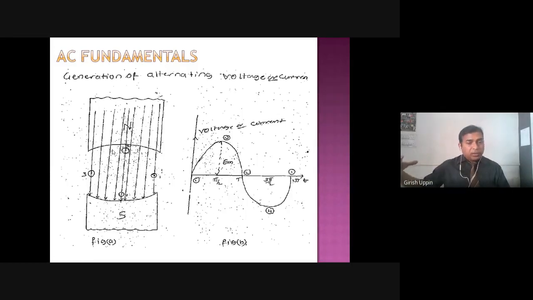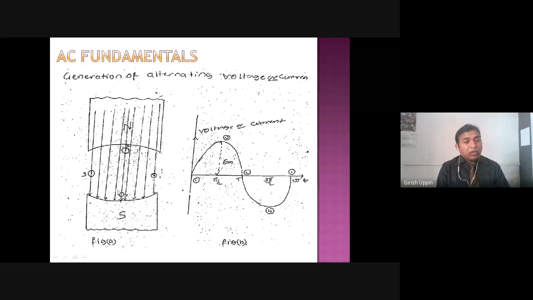Using a turbine. If it is a hydropower plant, water will be the source of the movement. If it is a nuclear or thermal power plant, they convert water into steam using heat energy, and that steam is used for rotating the turbines, which in turn rotate the conductors in a magnetic field and produce the EMF.